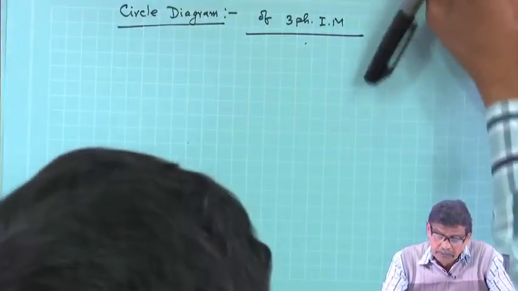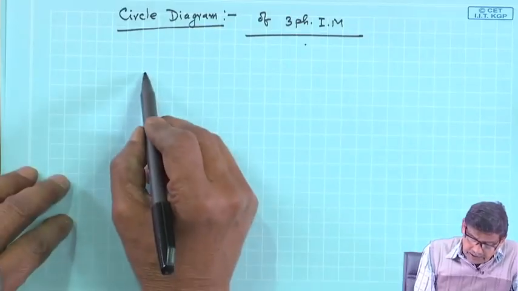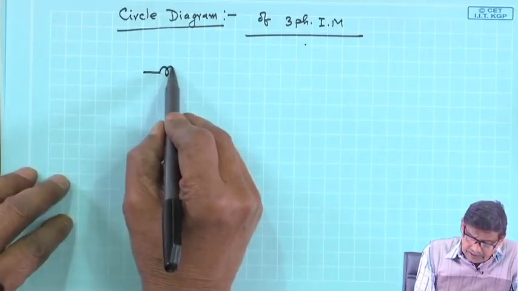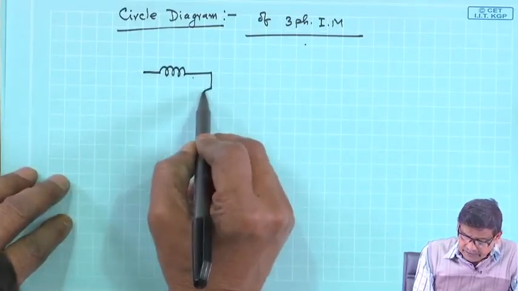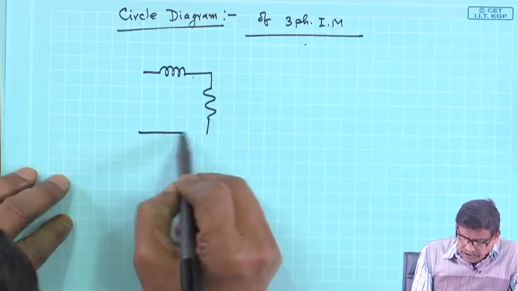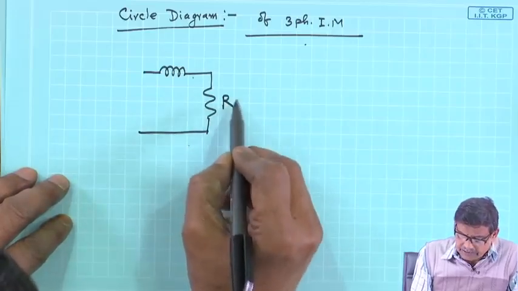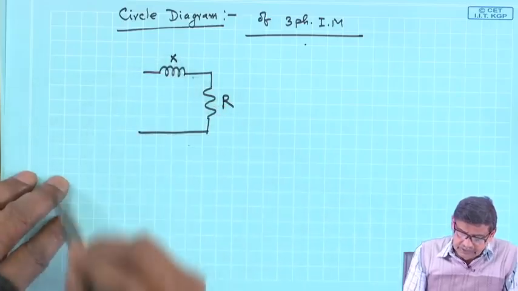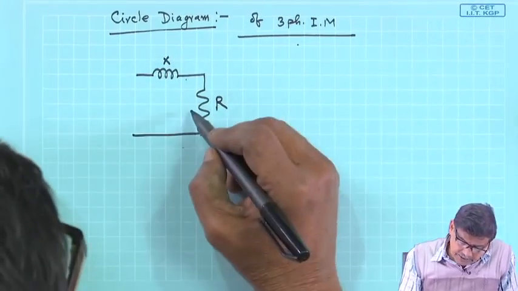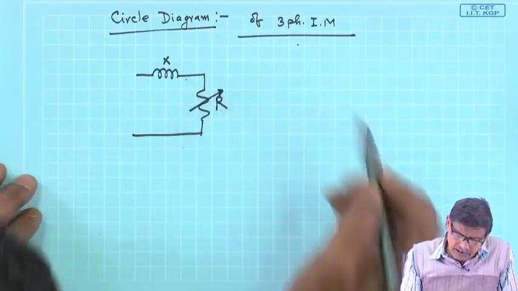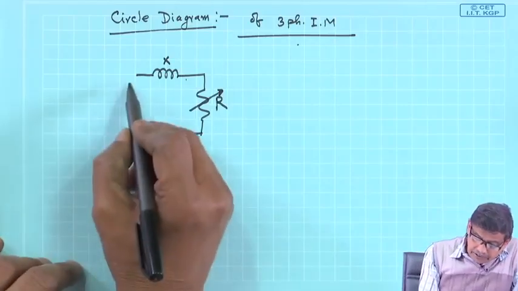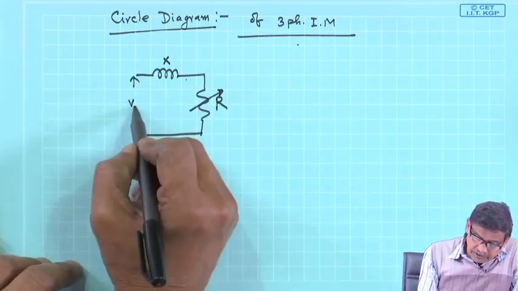For example, consider an RX circuit, which is true in general for any RX circuit, R and X. And suppose I say that resistance is being varied with supply voltage fixed at V1.